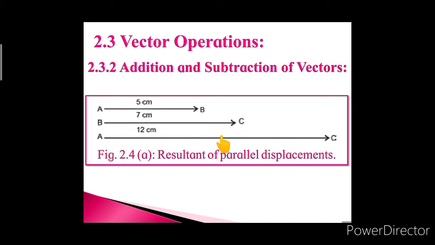Hence the magnitude of vector AC is 12 centimeter. So if individual vectors are parallel, that is in the same direction, the magnitude of their resultant is the addition of individual magnitudes, that is magnitude of vector AC is equal to magnitude of vector AB plus magnitude of vector BC, and the direction of the resultant vector AC is the same as that of the individual vectors.